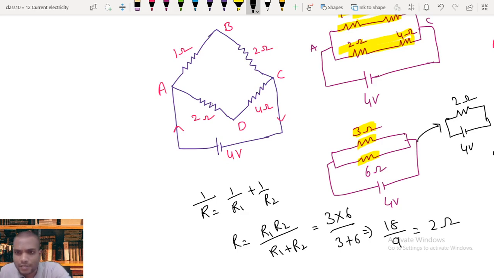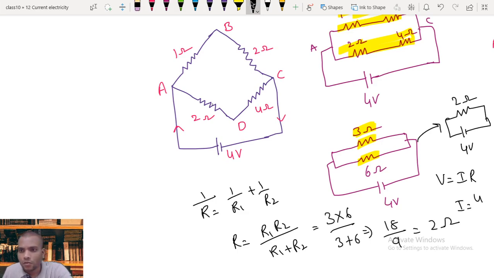Now we need to find the current. So apply V equal to IR, and R equal to V upon I. Sorry, here we need to find I. Therefore I equal to V by R. So what value do I get?